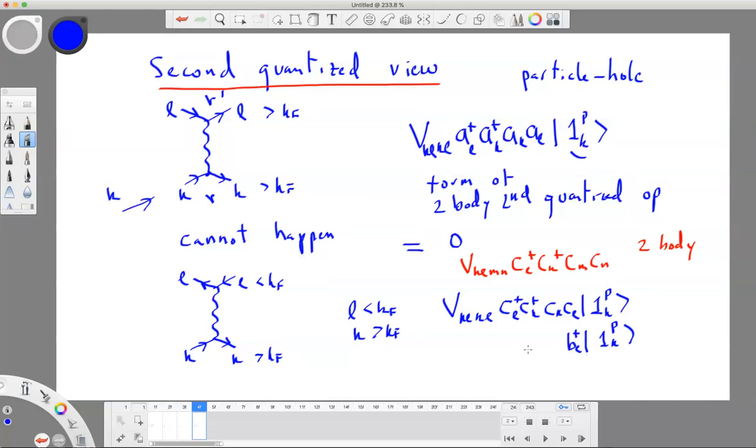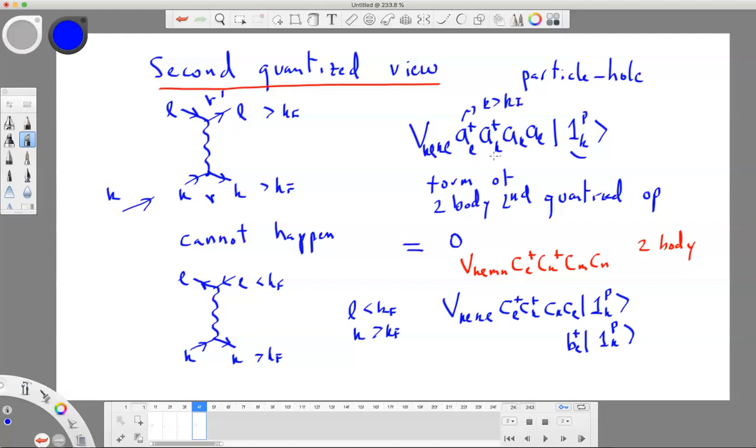Remember that there's a formula that connects the two. So the annihilation operator would turn into the creation of a hole below the Fermi energy. Remember the A's, like here, these are fermions above the Fermi energy, K is above the Fermi energy.